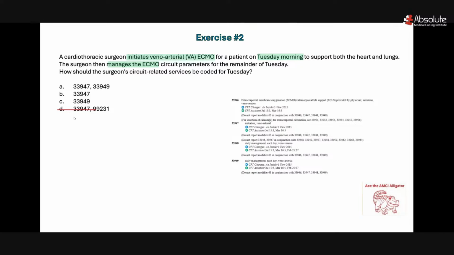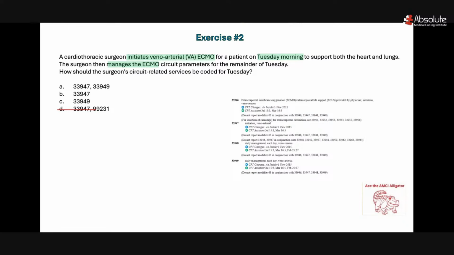Now, option D, 33947, is incorrect because I see there is an E/M code, 99231. That is an E/M code, right? And if you remember, we learned that E/M codes are assigned only when the treating physician looks after overall patient healthcare other than the ECMO circuit management.